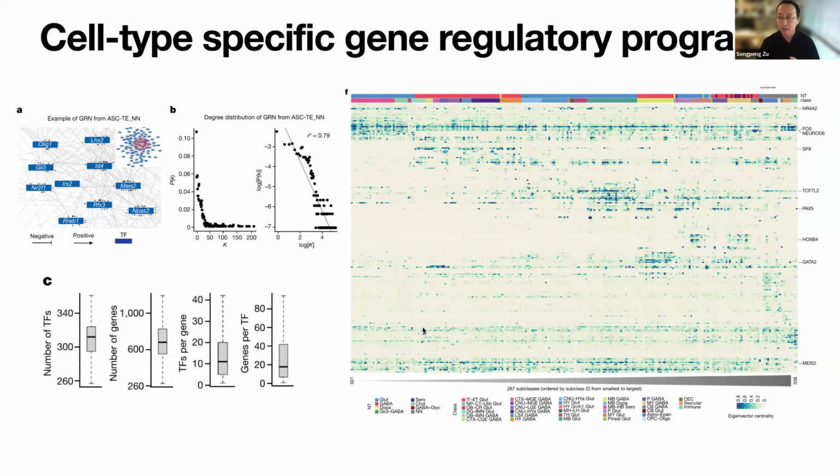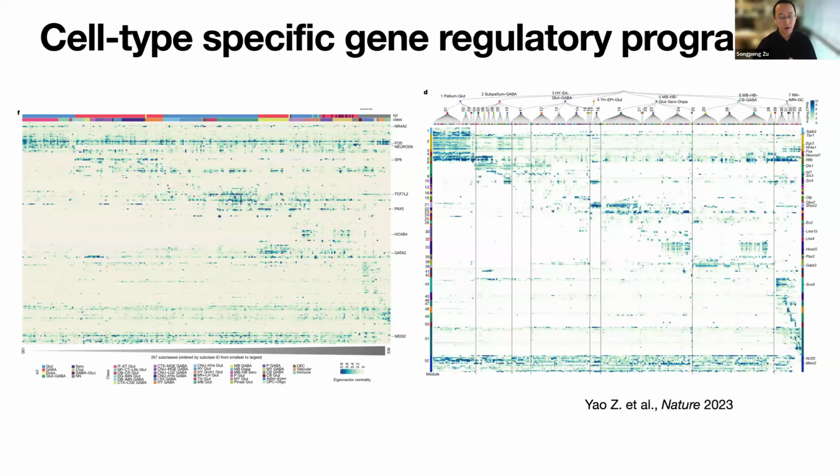In this way, we can plot the importance of the TF at the subclass level. You can see that some transcription factors show an important role across multiple subclasses, and some show their importance only in particular subclasses.